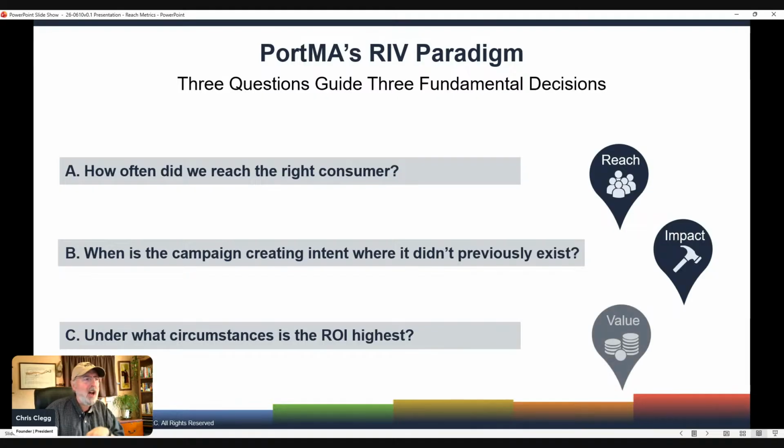And then there's this idea of value. So under what circumstances is ROI highest? That's that third key question. And we want to understand return on investment. And I'll show you exactly how to measure that with your experiential in a second. But you also want to understand how that ROI varies, because once you get that initial percentage, that initial number of return, you're going to find that other than it being positive or negative, it's not very actionable.